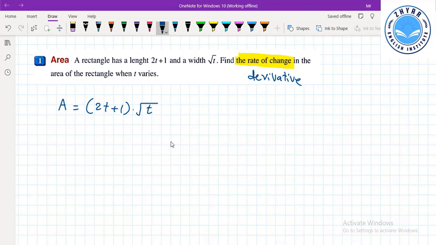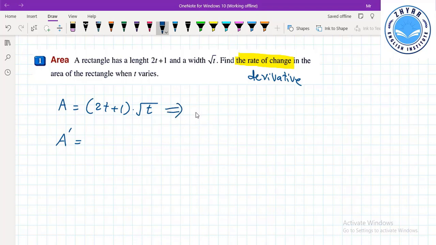This is area. If I want to find rate of change of area, I just have to do derivative for both sides. Derivative of area, let's call A prime, that's derivative, or rate of change of area. And here, we can multiply this by inside, then do the derivative, which is easier.